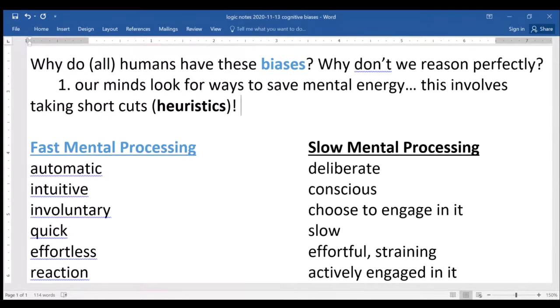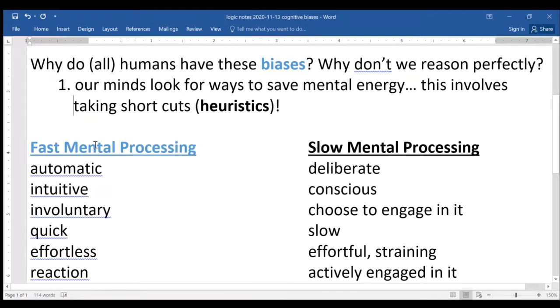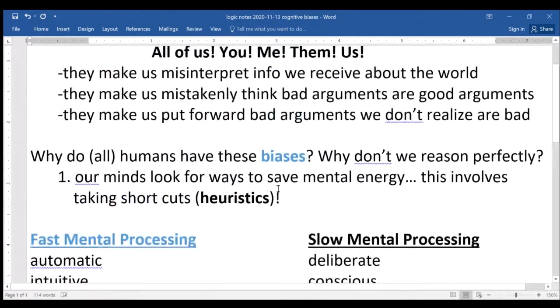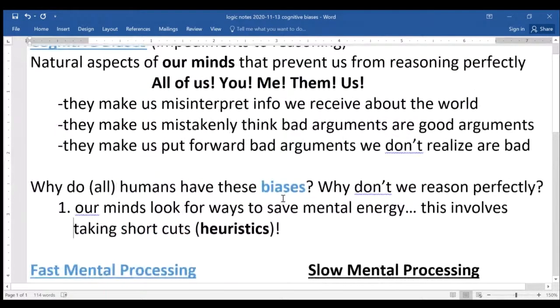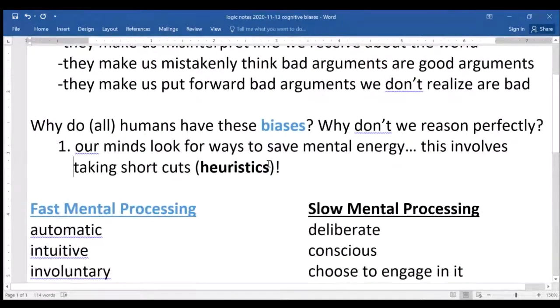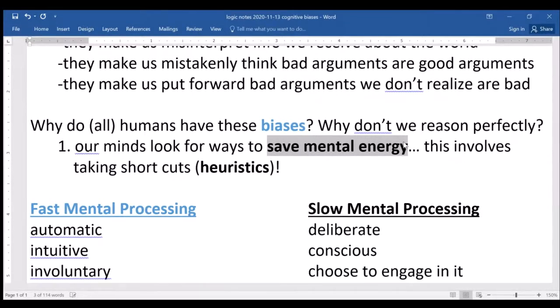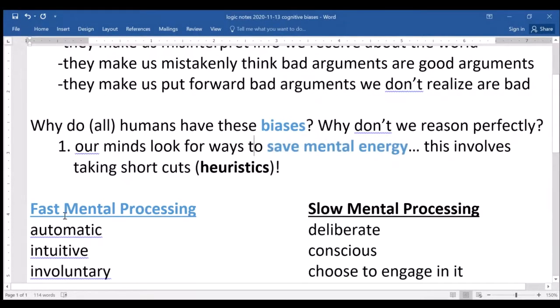Some sort of thing you do that works a lot of the time, like a rough rule of thumb, but isn't always perfect. So one reason we might have these sorts of shortcuts is just to save mental energy. That's one big reason why we do this.